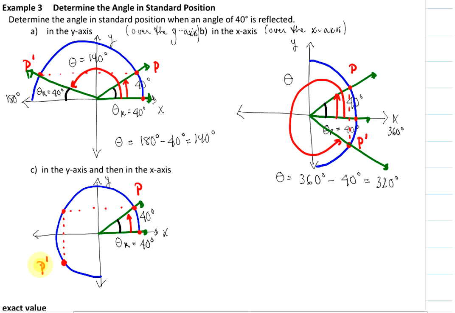Okay, so we will draw our terminal arm through there, and then we see that our angle is this one here. We will call it theta.